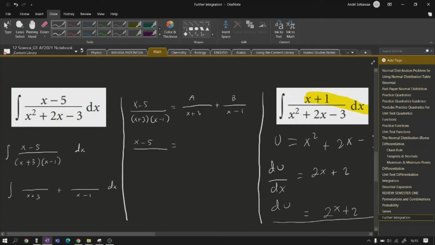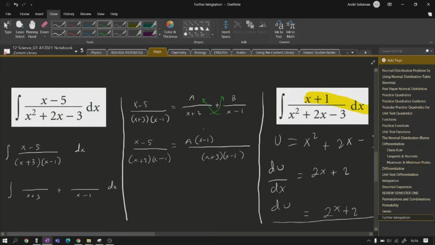We will use equivalence. a over x plus 3 plus b over x minus 1, so you can compound it to be x plus 3 and x minus 1 as the denominator, and you can cross multiply the denominator with the numerator, so a times x minus 1.